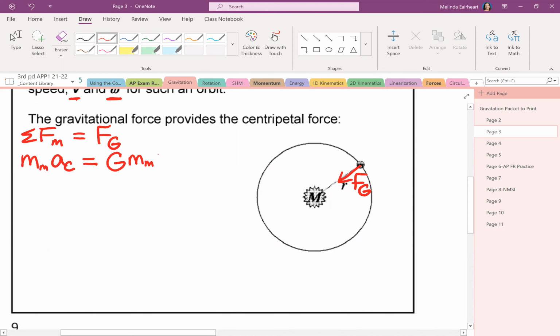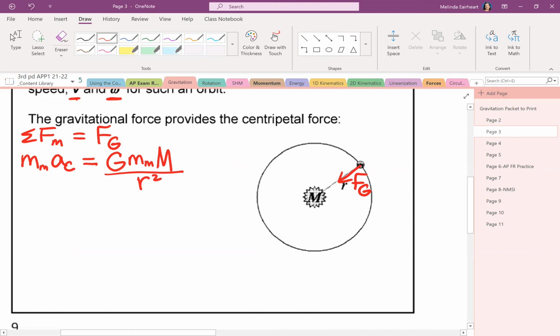I guess I should have just used little m and big M. Now I wish I'd done M1, M2. There we go. I know, I regret it, but I'll go with it, right? Divided by that center to center distance squared, okay?